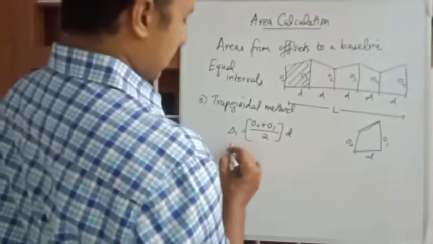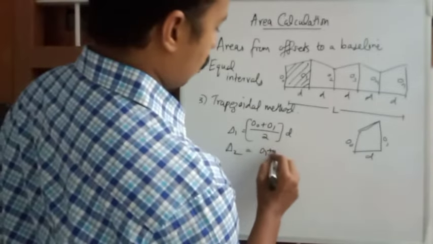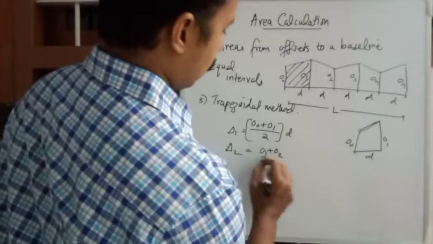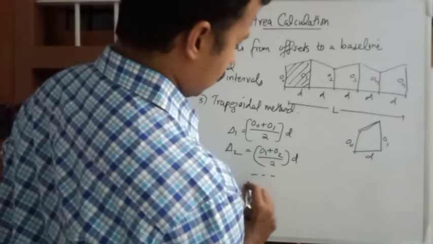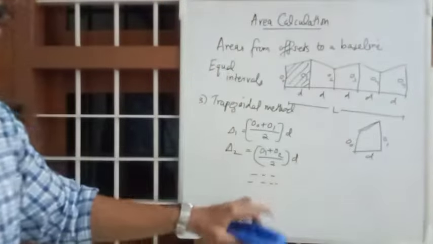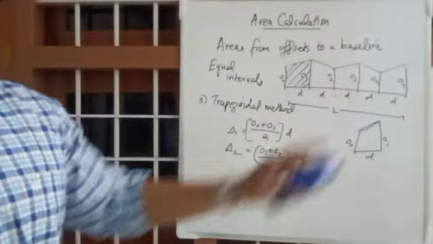Okay, delta 2, second one, O1 plus O2 divided by 2 into D. Okay, so hence it goes. Third one will be O2 plus O3 divided by 2 into D, etc.